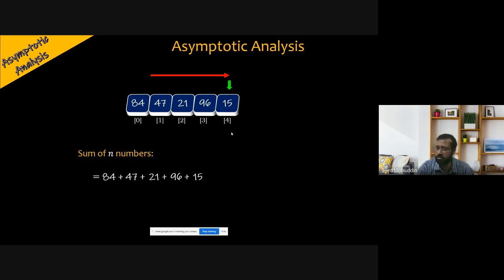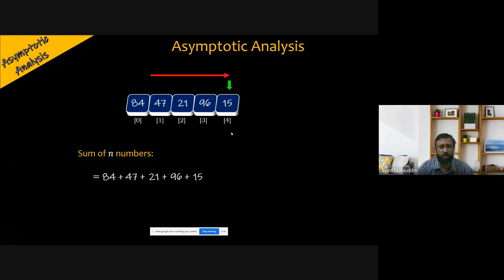Here we can't just add the first element or the second element. Obviously, we have to traverse the entire array. We have to visit all the n elements.